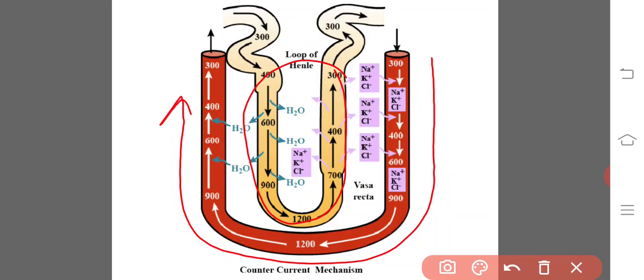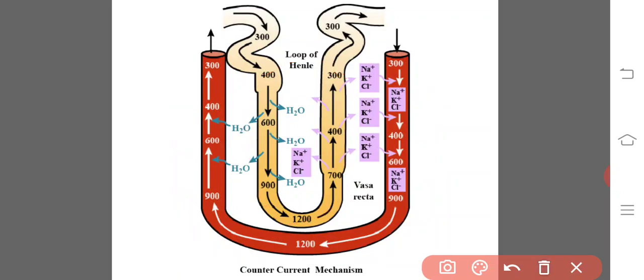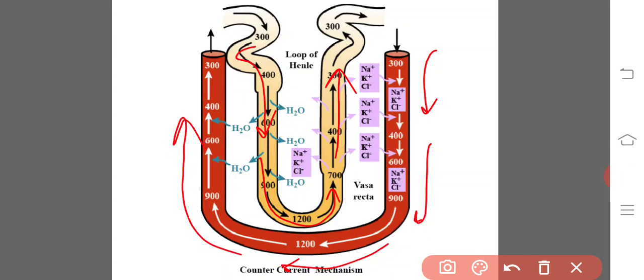They are parallel to each other, but the blood flow is always opposite. The ultrafiltrate flows in this direction in the descending and ascending limbs of the Henle's loop, but here the blood flows in the opposite direction.